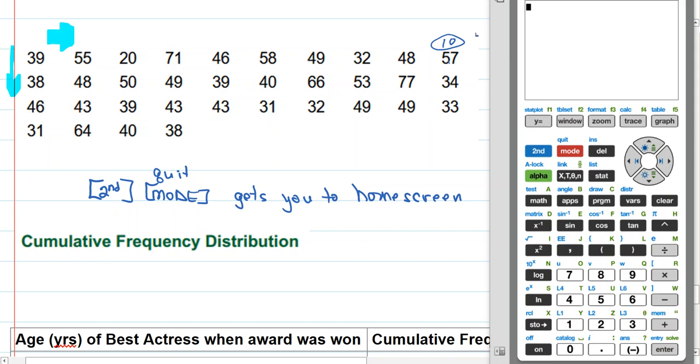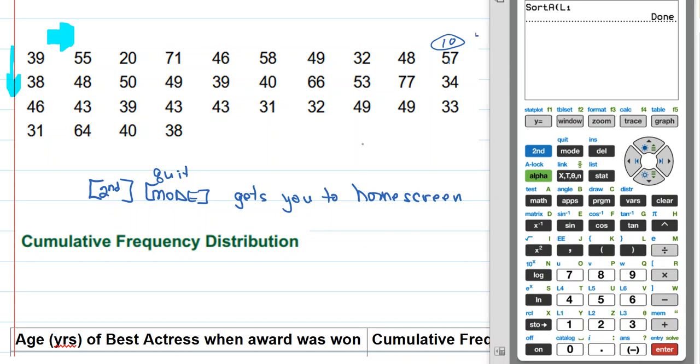Okay. So I'm going to do my stat key. I'm still on edit and I see number 2. I'm going to arrow down to number 2 and I'm going to enter. It's asking me what line. So I'm going to do a second one and I see line 1 and I enter. It says done. So now I have the data in order.